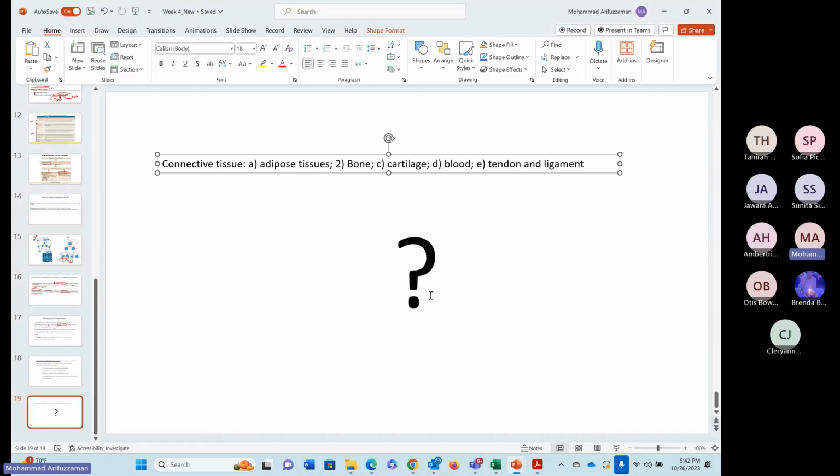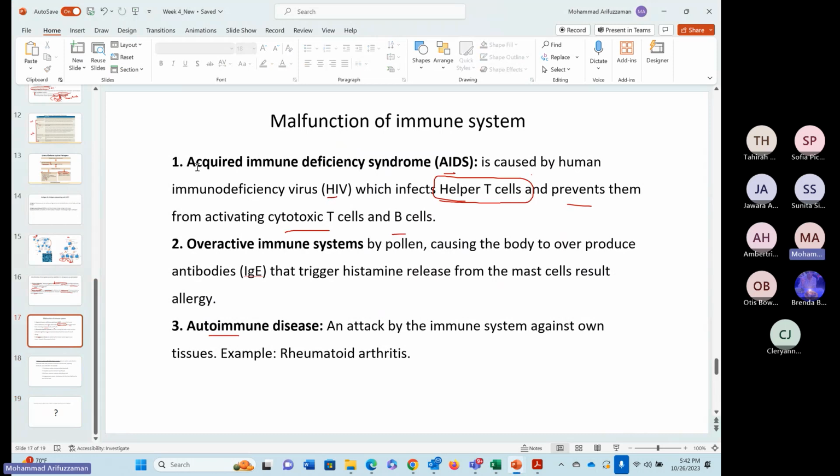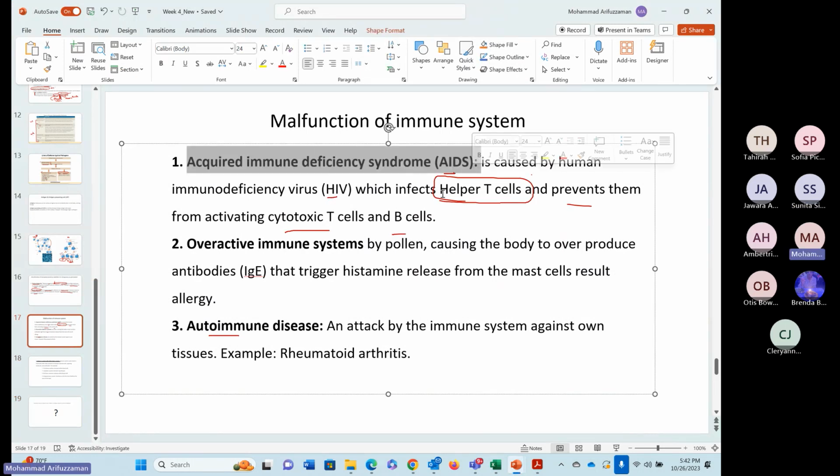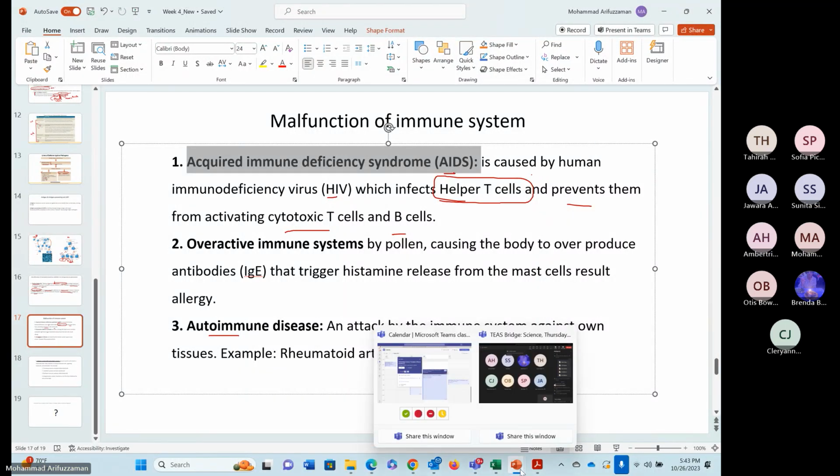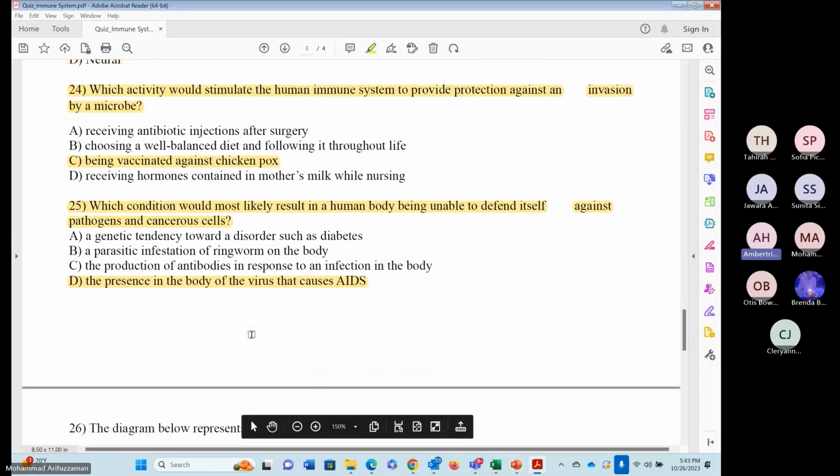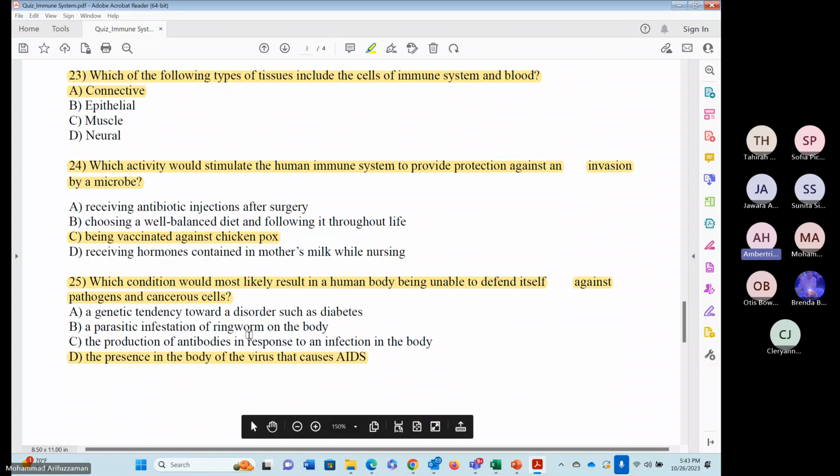We discussed acquired immunodeficiency, which infects the helper T cells and prevents them from activating cytotoxic and B cells. So the whole adaptive immune response will be shut off. Because the immune system is compromised, abnormal cells will develop and may lead to cancers. It's a very common complication of AIDS patients.